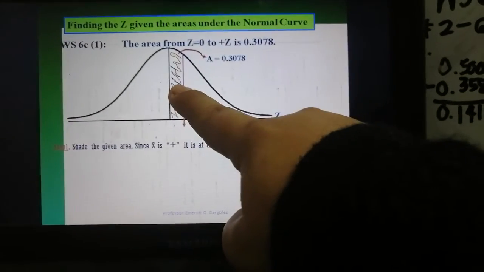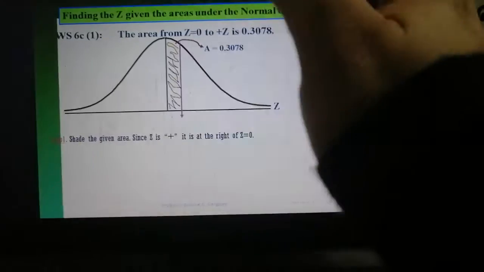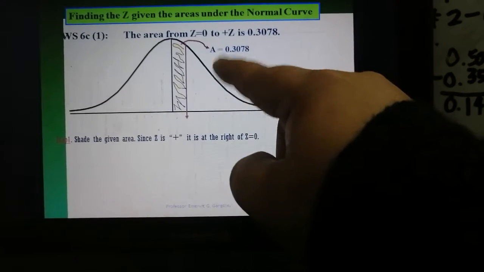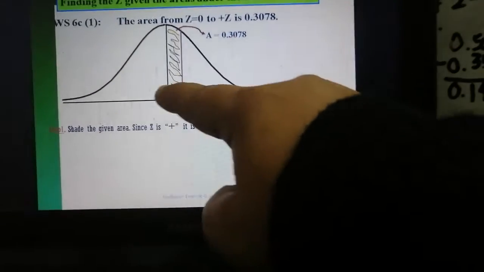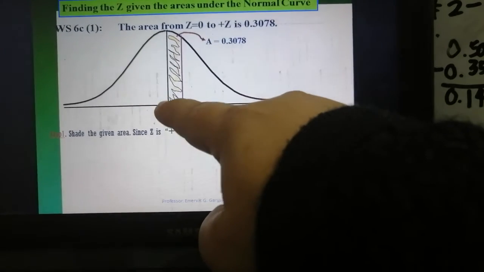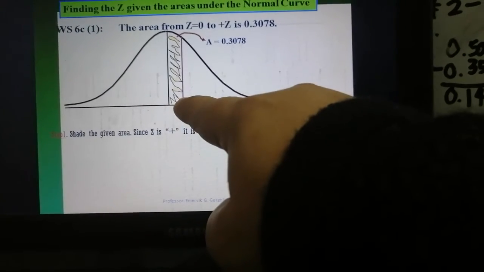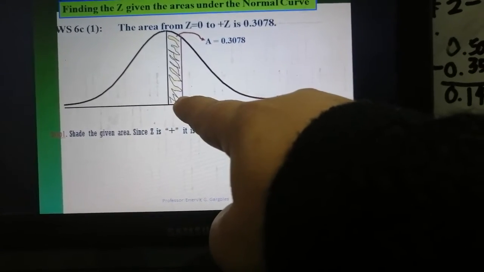Is this area given on the table? Should we do something else or not? We just have to find the area as is, because the shaded region is already from 0 to the z that we do not know.